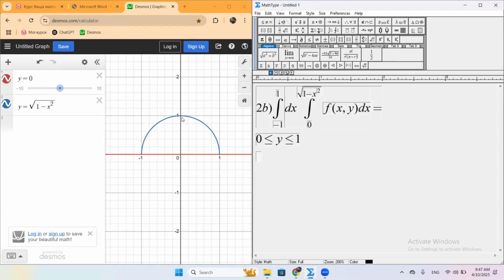From this quarter of the circle to this quarter of the circle. So from minus the square root of 1 minus y squared to this square root with the sign plus.